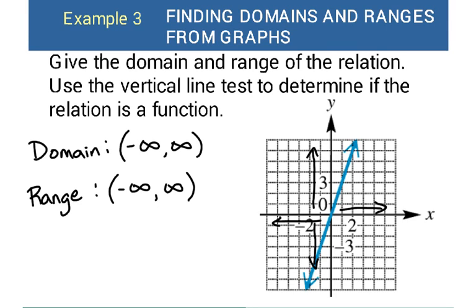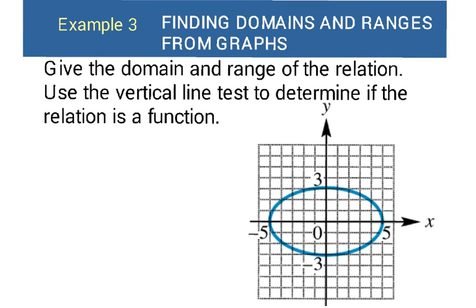And you can see that with a vertical line test, at any point on this graph, it will pass. Okay? So, what we're going to say here, it does pass the vertical line test, therefore, it is a function.